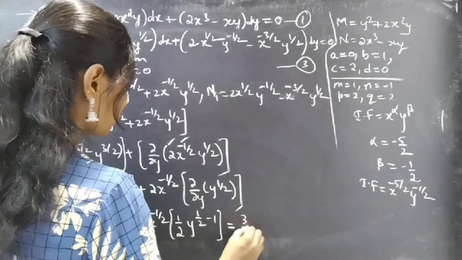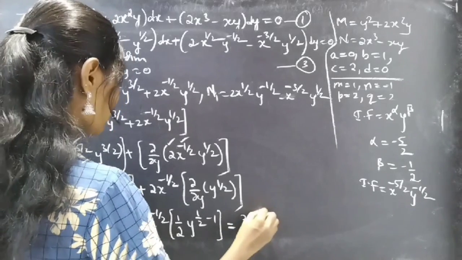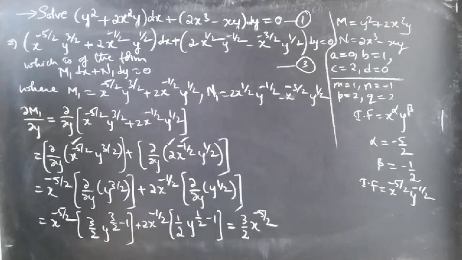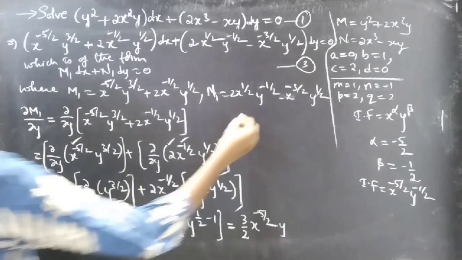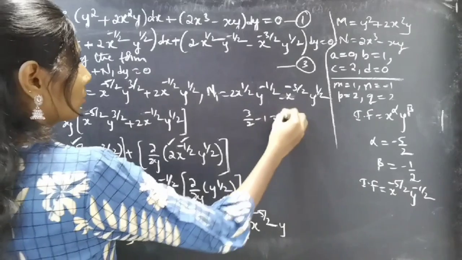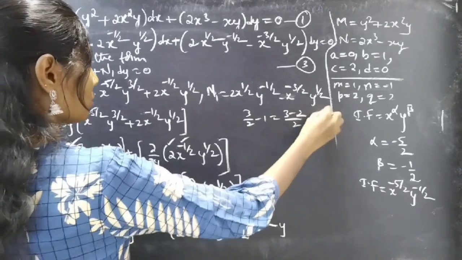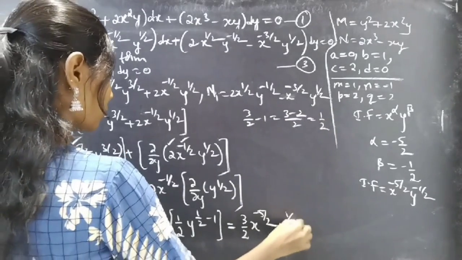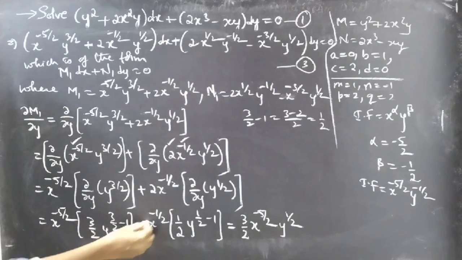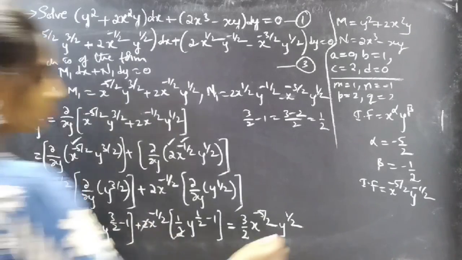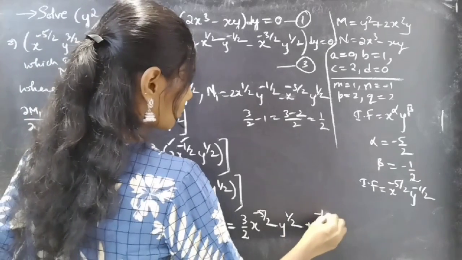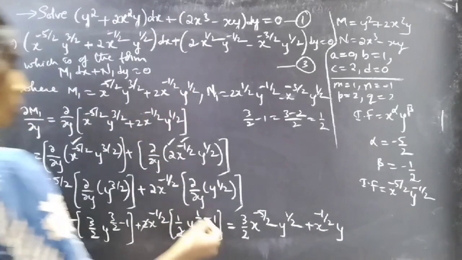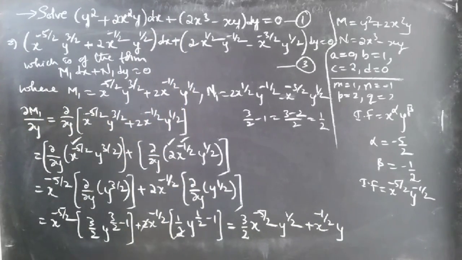3 by 2 x power minus 5 by 2 into y power 3 by 2 minus 1 is 1 by 2, plus here 2 gets cancelled and you'll get x power minus 1 by 2 y power 1 by 2 minus 1 is minus 1 by 2.